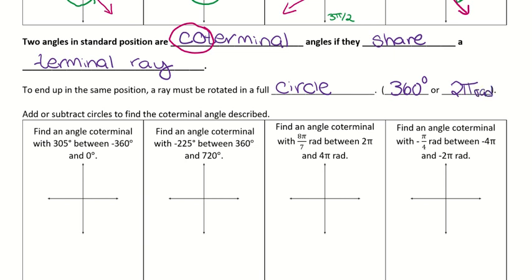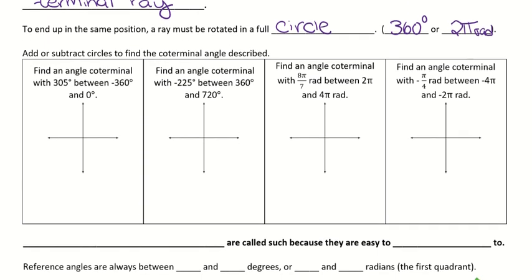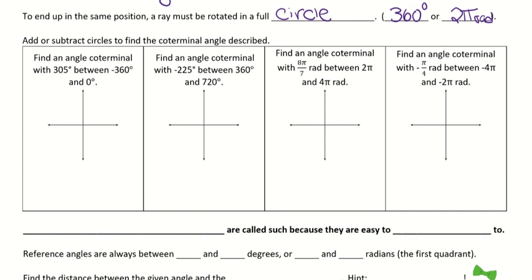So here's an example. Find an angle coterminal with 305 between negative 360 and 0. So 305, let's start by sketching it. We always start with our initial ray in standard position.